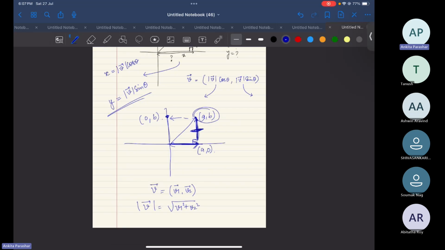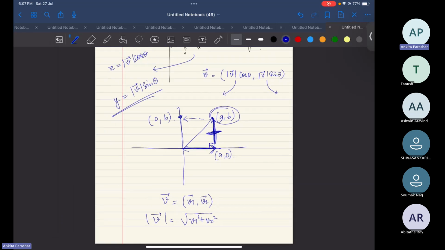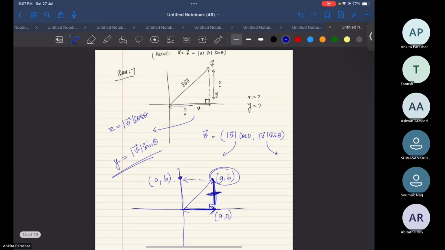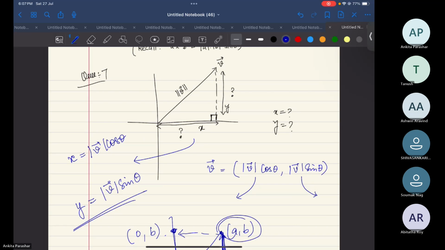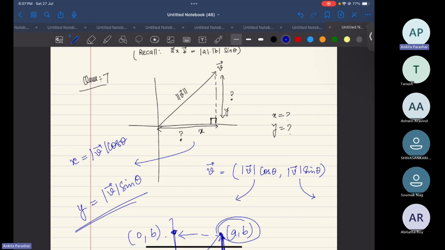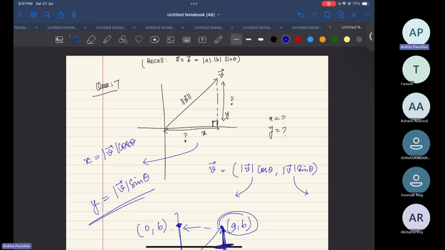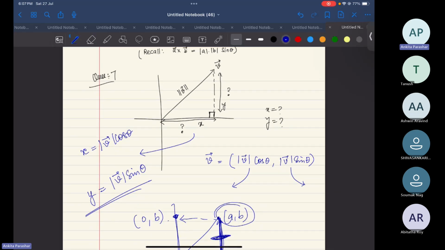Now can you relate this, how would you write your vector? Maybe you go back and see in many trigonometry books, it's very simple to see how to write this vector using trigonometric ratios, and then you will get this.